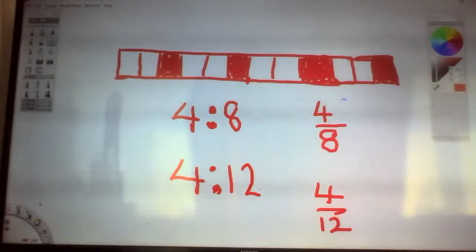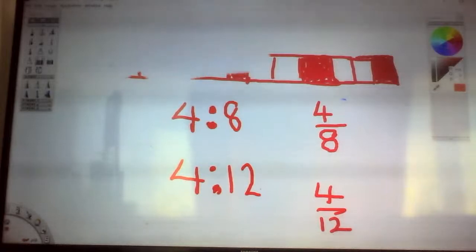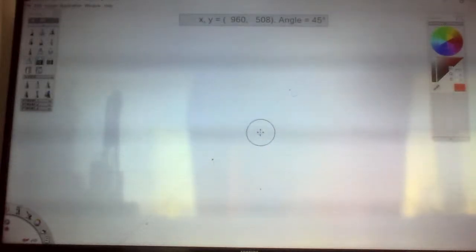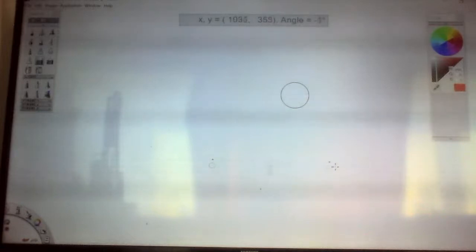So go ahead and draw in your diagram for question B. We haven't used this program for a little while.